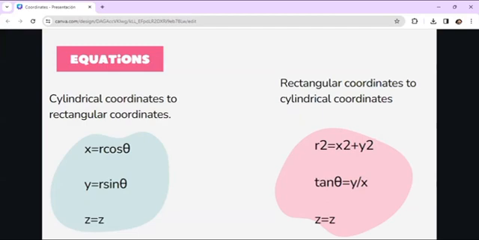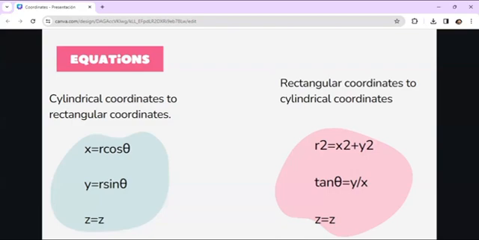The second equation is to convert a rectangular coordinate to a cylindrical coordinate: r squared equal to x squared plus y squared, tangent of theta equal to y divided by x, and c equal to c.